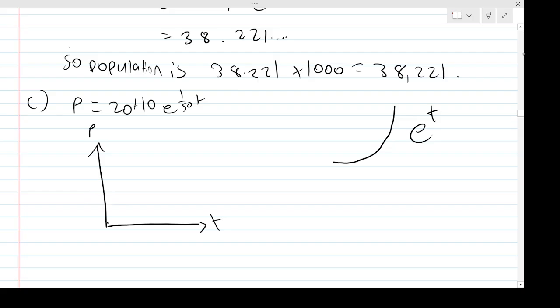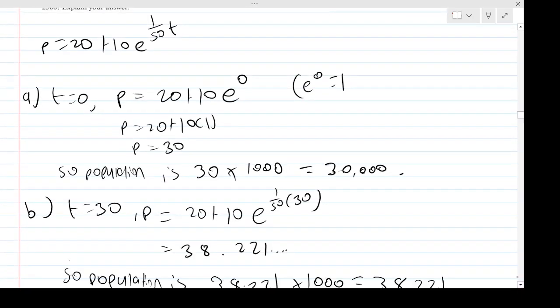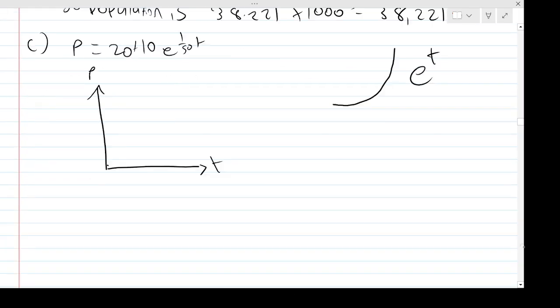But we saw that in part A. We have some numbers already. We know that in part A, the initial value of P, we're sketching P, right? P was 30 when t is 0. So that's the P-intercept of 30. So it'd be there. So then you can deduce that the graph is going to look something like this.